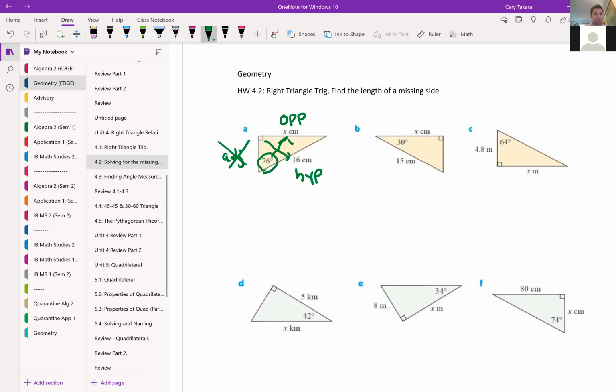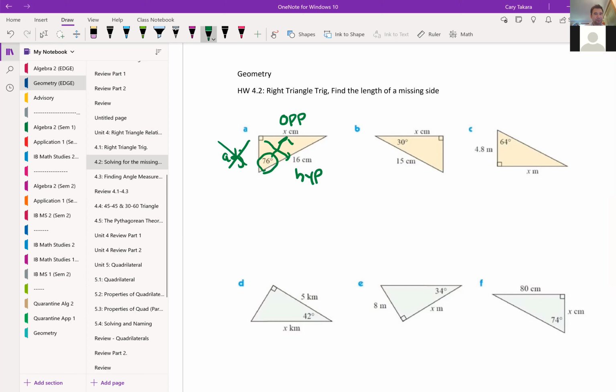I don't know if you like that. Or you can just write down SOH, CAH, TOA. Now, which one uses O and H? Wasn't it this one? O and H. This is a sine problem.